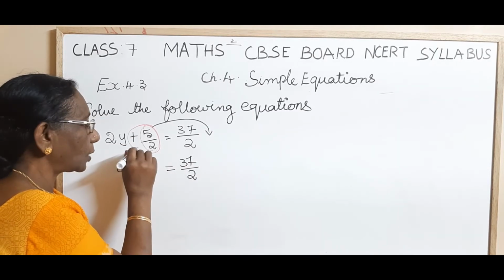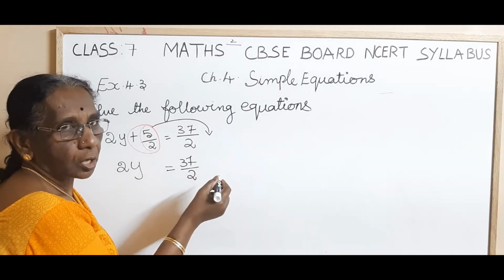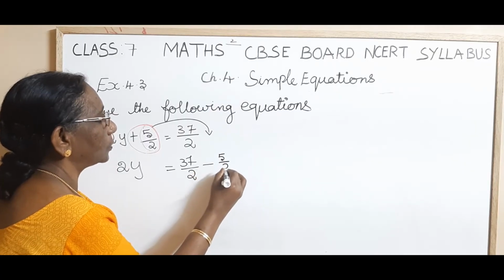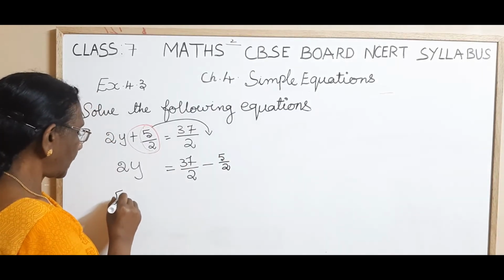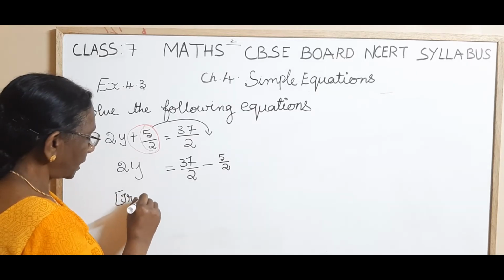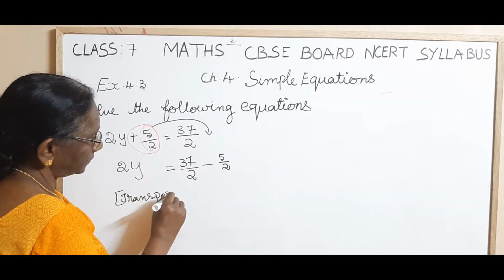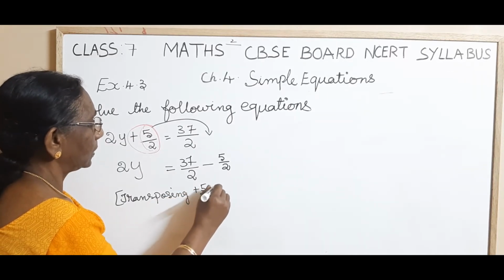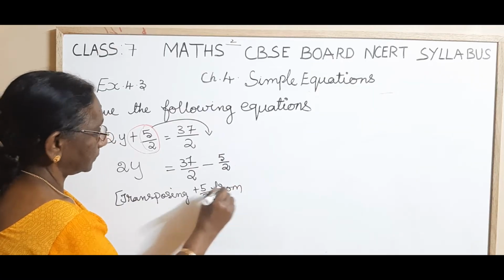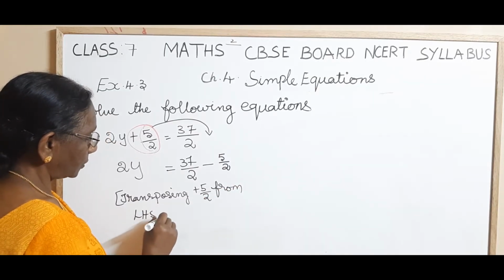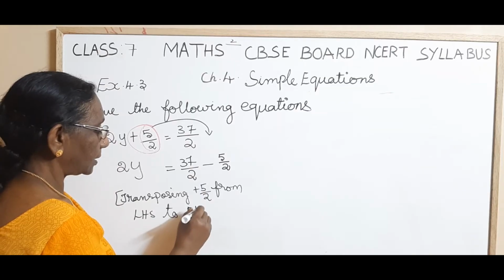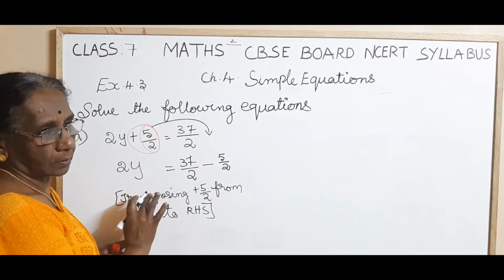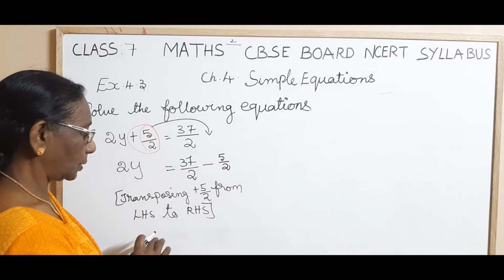Addition operation will become subtraction operation: minus 5 by 2. What we have done is transposing plus 5 by 2 from LHS to RHS, but you don't need to write it. Is it clear, children? If you understand, that's enough. Straight away we'll move to the next step.